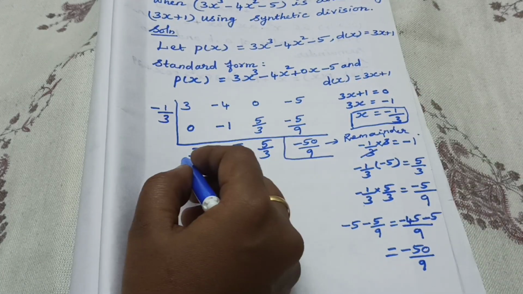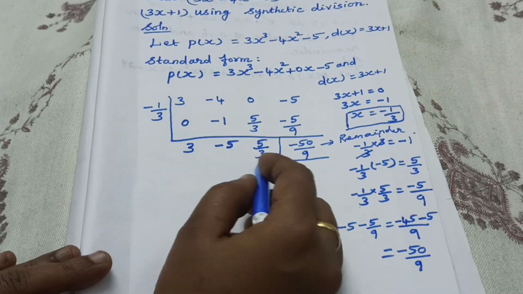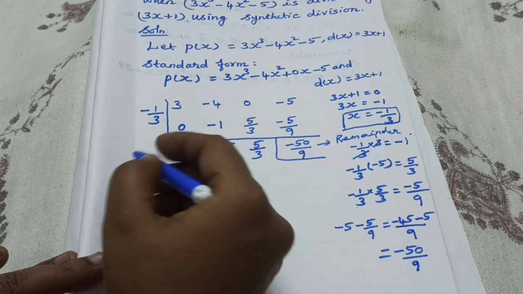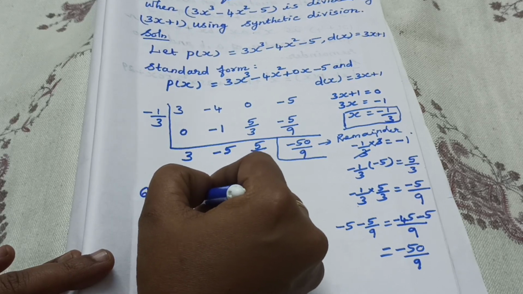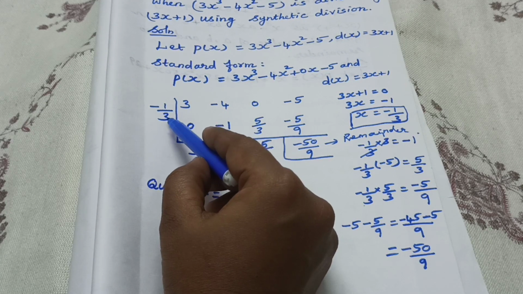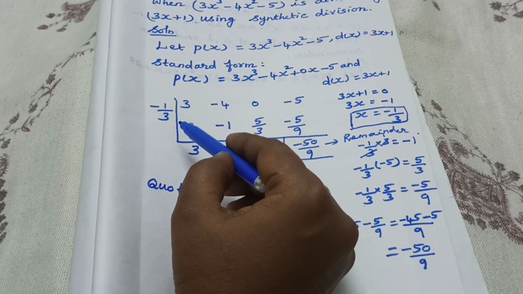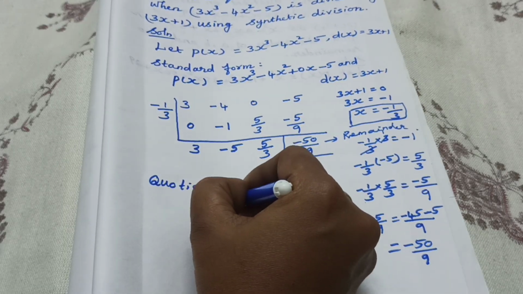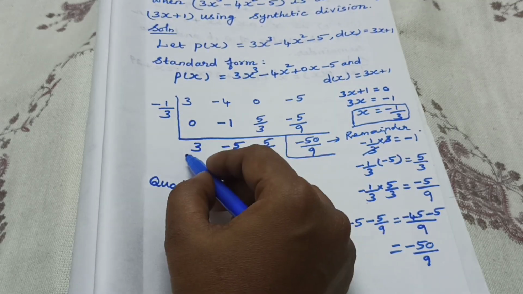Then what's the quotient? This is the quotient, isn't it? Usually this is the quotient we will write. But here, suppose a fraction is given, what's the fraction here? 1 by 3, isn't it? If the divisor is given as a fraction, then this 1 by 3 we have to divide in all the quotient.